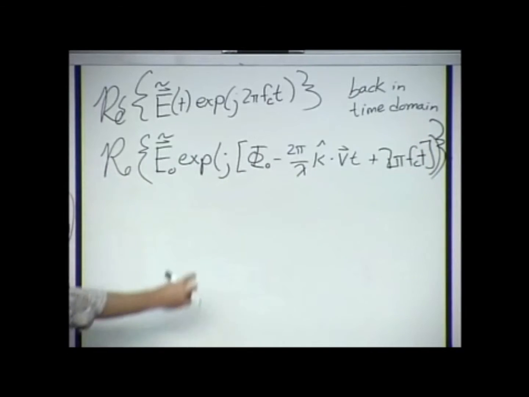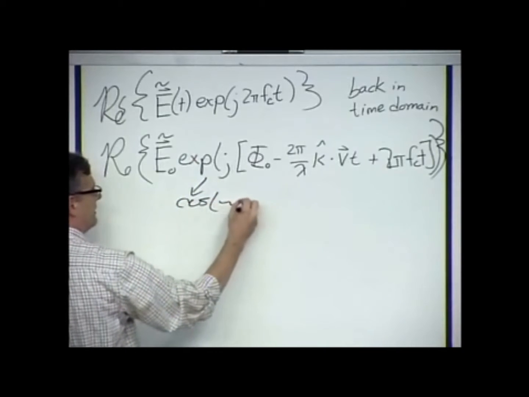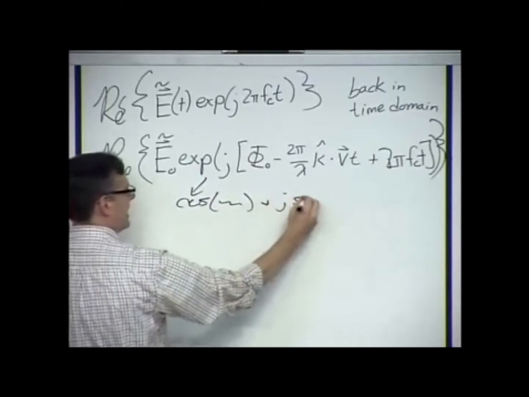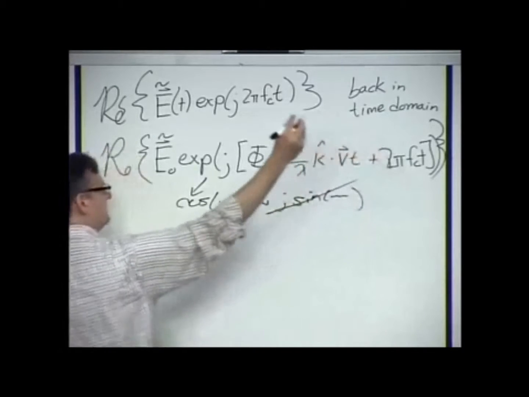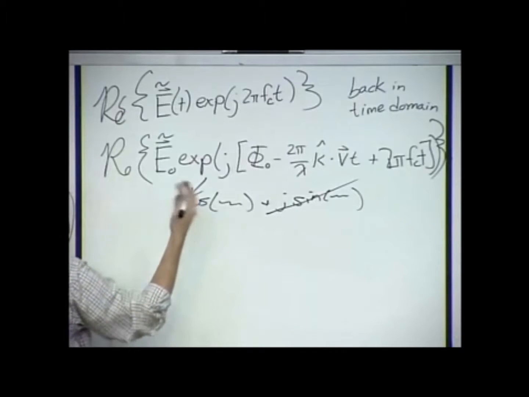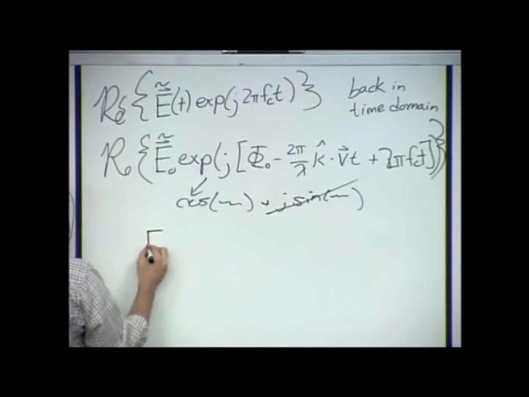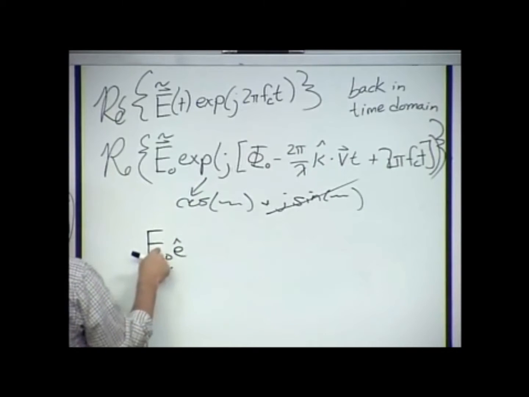This is a complex exponential, but I really know that I can write it as the cosine of the argument plus j sine of the argument, which is Euler's theorem. This is going to disappear in the real value operation that I take. So what I'm going to look like at the final end is going to be something like this.